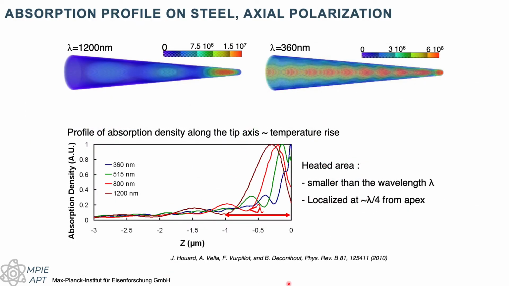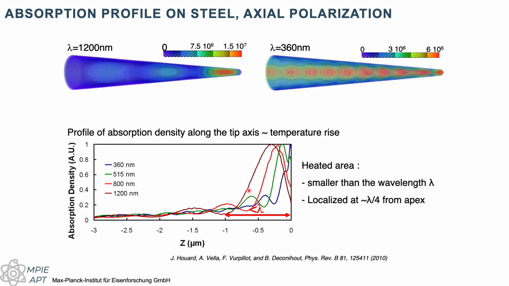There was also quite a lot of work done about 10 years ago by the group in Rouen on the influence of the wavelength, for example, and they performed quite advanced simulations of the absorption of a sharp needle. And you can see here that there will be hotspots of absorption separated roughly by a wavelength.